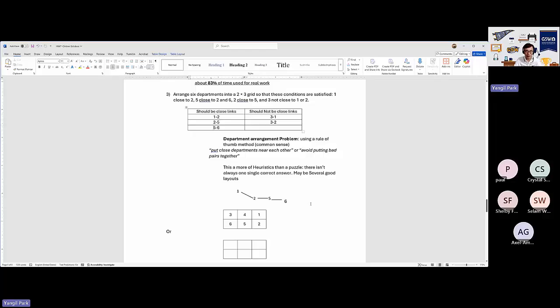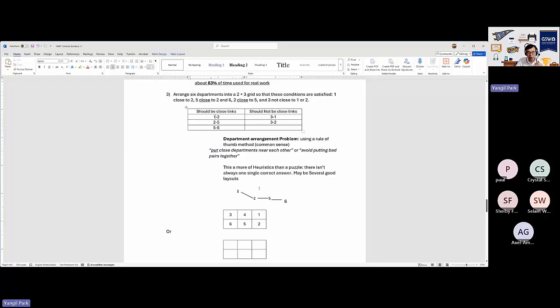So I think a better way is to visually put it into this problem. You can just draw a diagram or figure just like that. Here I put 1, 2, 5, 6 because that's what we have: 1, 2, 2, 5, 5, 6. So I connect them and then see what we have for those not to be close, which is 3 and 1.